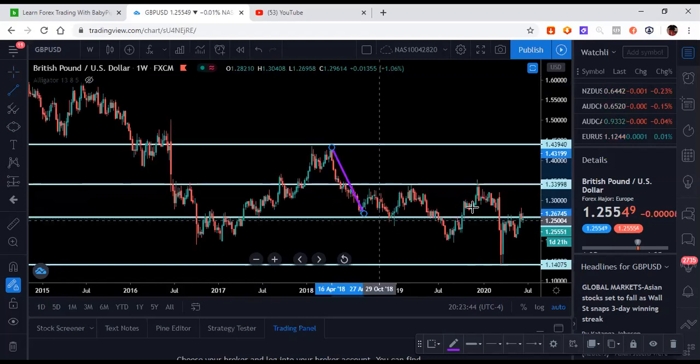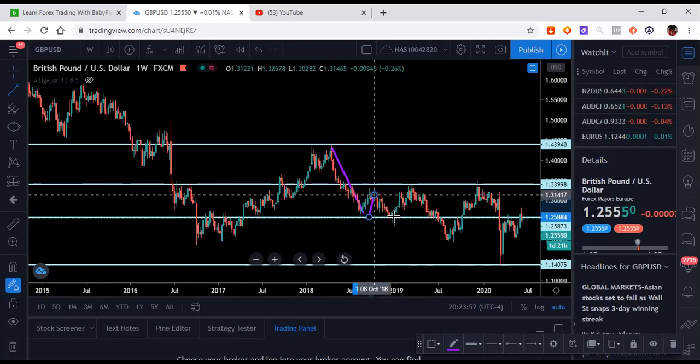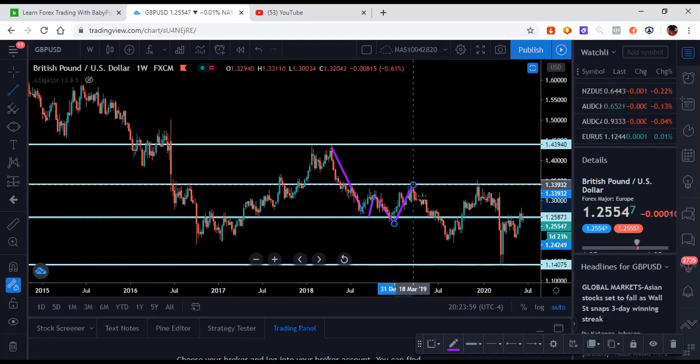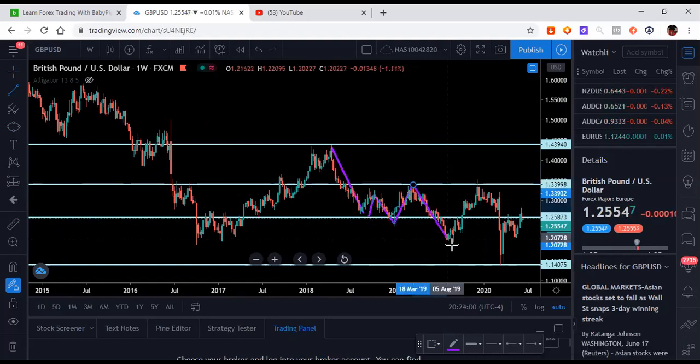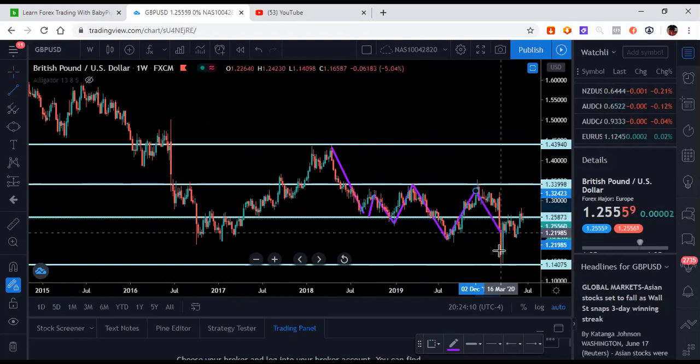You got a little bit of consolidation. Those values I was telling you about. Lower low, lower high, lower low, lower high, lower low.